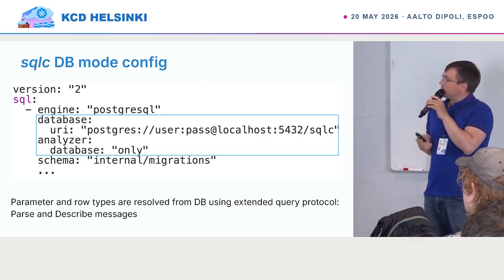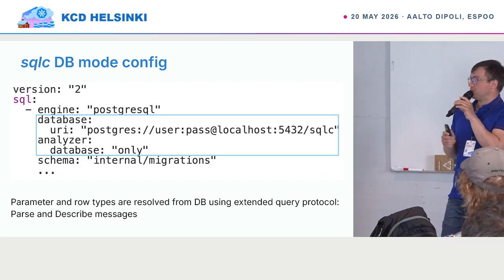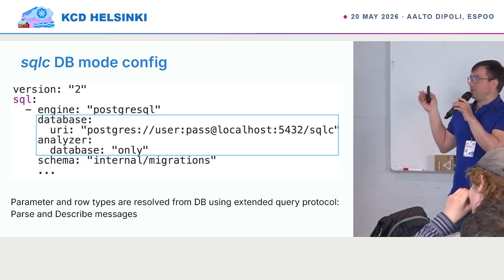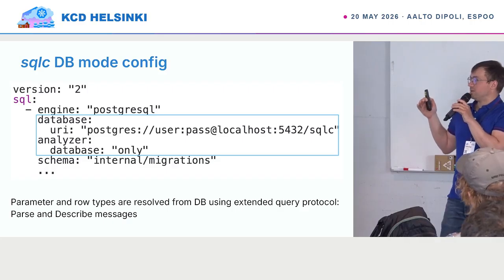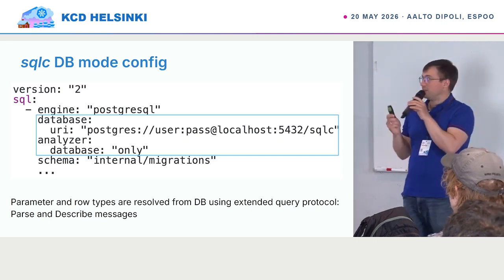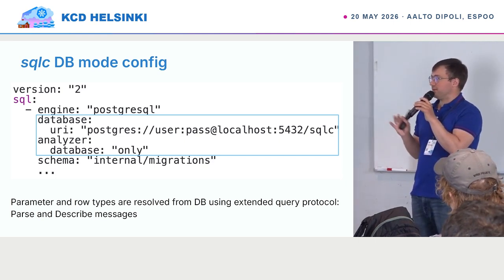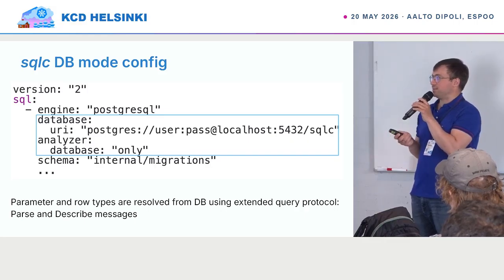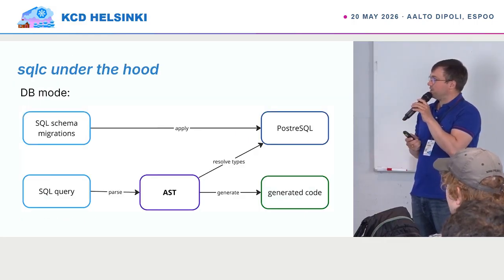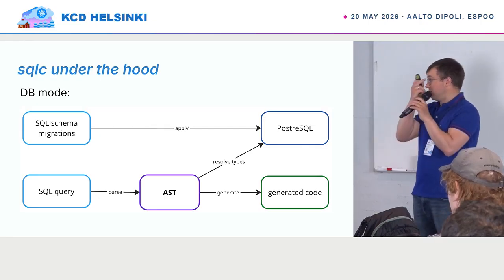There is another option, which is database mode. We run the database somewhere, maybe in Docker or in a test container. We deploy our migrations there, and then we point sqlc to that database. It's more reliable in verification, covering all the corner cases. This is how DB mode looks under the hood.